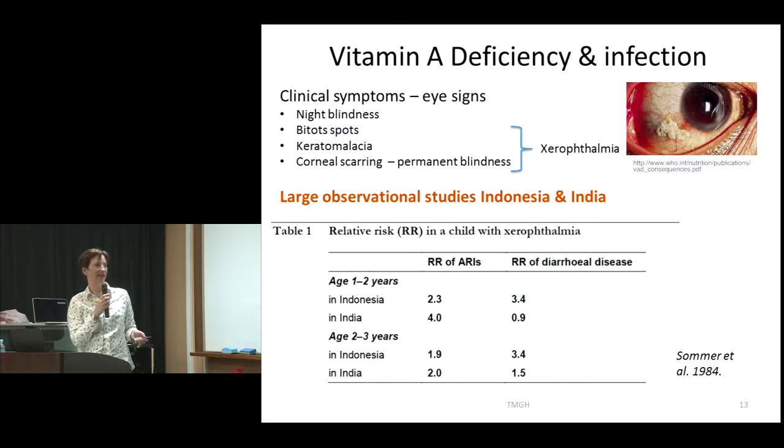And you could see that here the relative risk of ARIs was 2.3 in Indonesia, 3.4 for diarrhea, 4 in India. It's a little bit unclear why diarrhea was lower in India. And a similar pattern at older age groups.